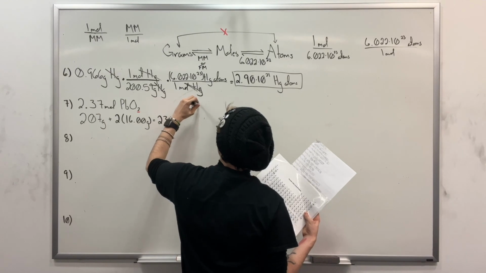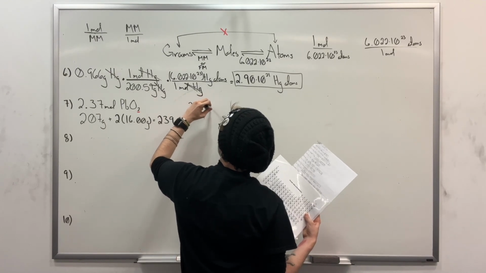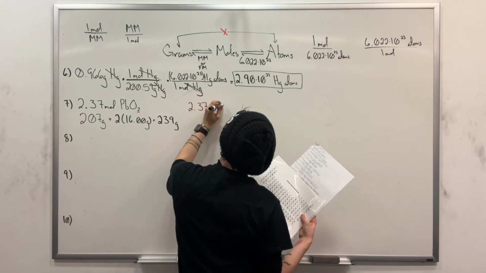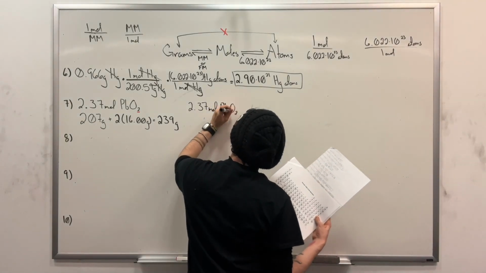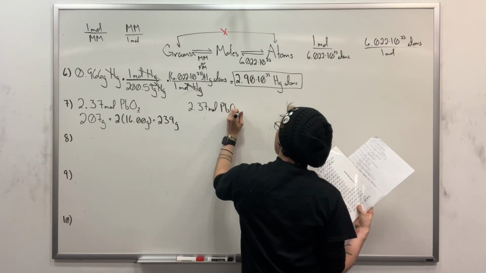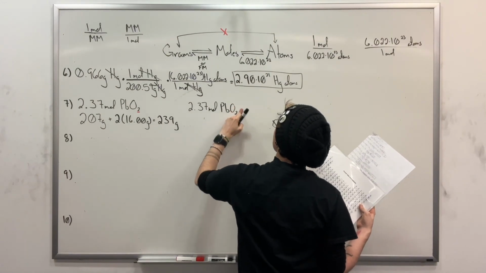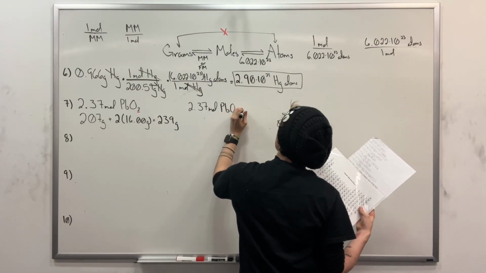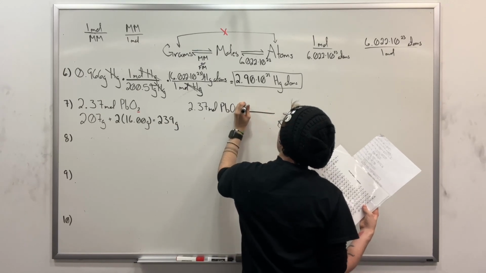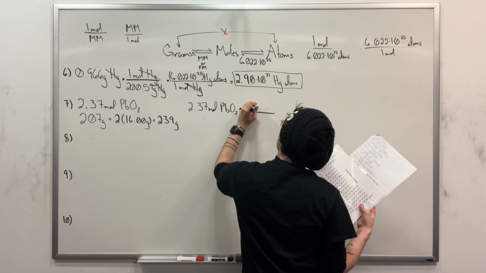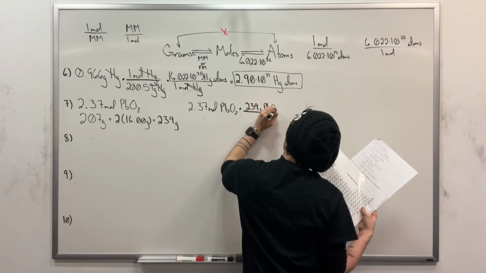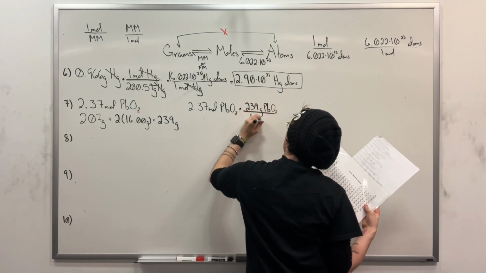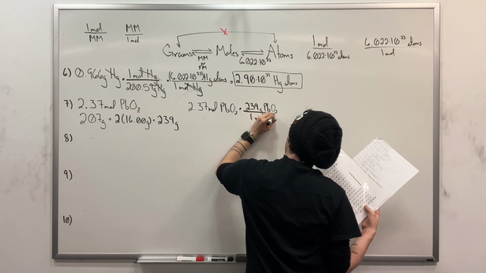And so now that we know the molar mass, we can take our moles and convert them into grams. We are starting with moles, which means moles is currently in the numerator of this problem. And so for our conversion factor, we need moles in the denominator. There's 239 grams of lead oxide per 1 mole of lead oxide.